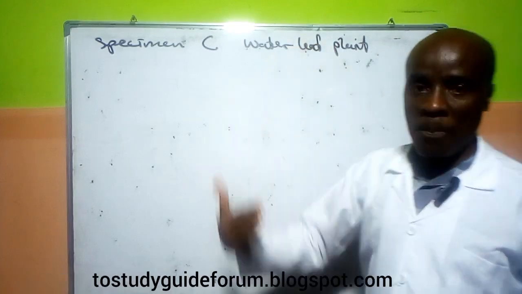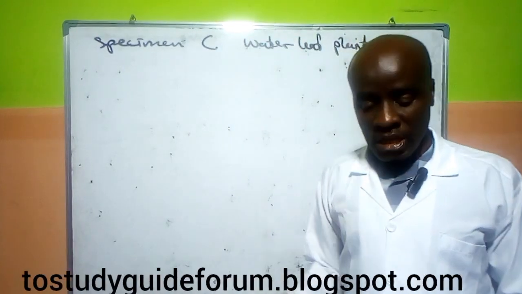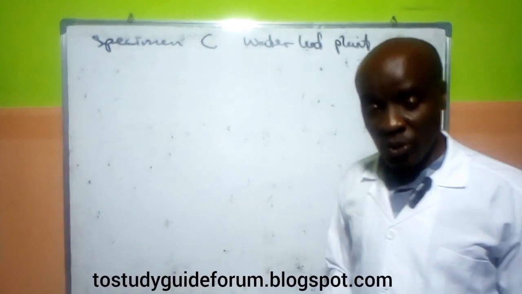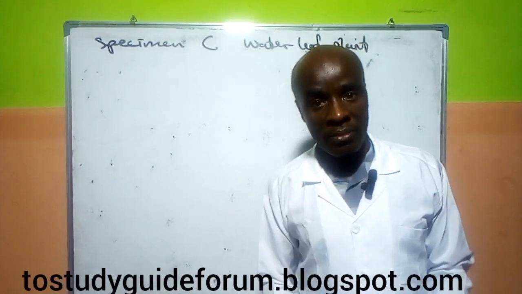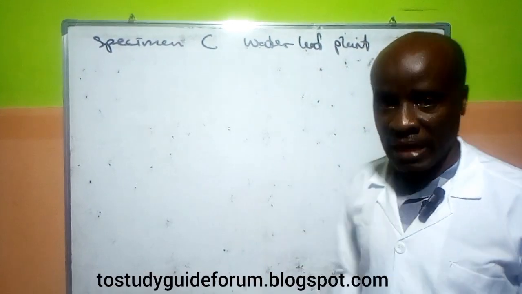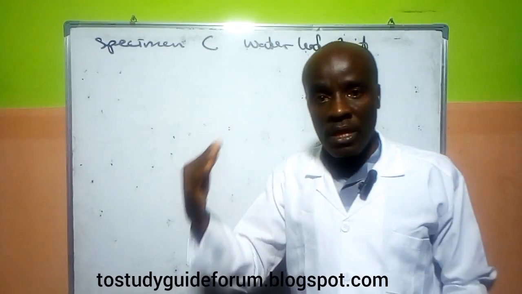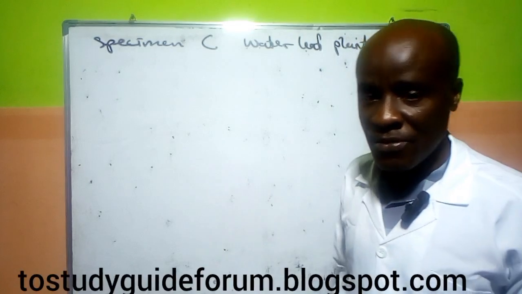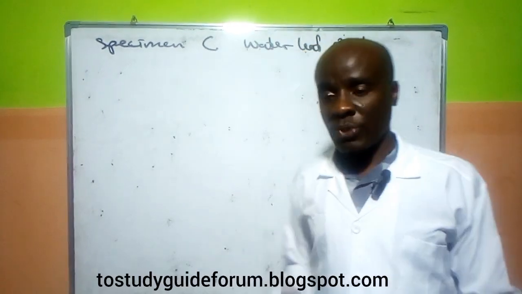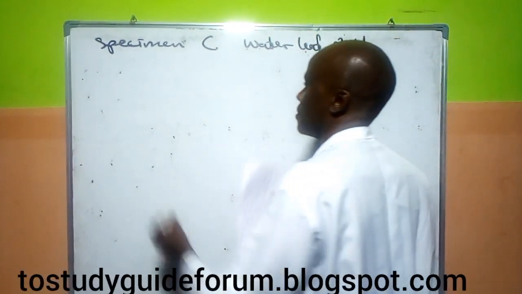That's the whole plant. So these waterleaf plants are what? Dicotyledon. It's a dicotyledonous plant, and the leaf shape is what we call obovate.